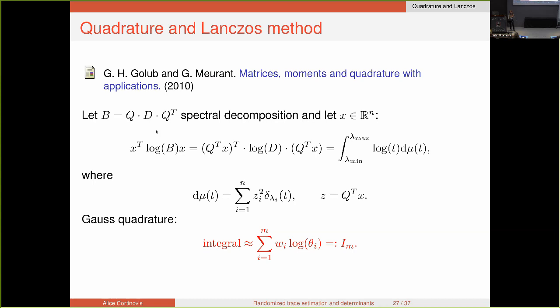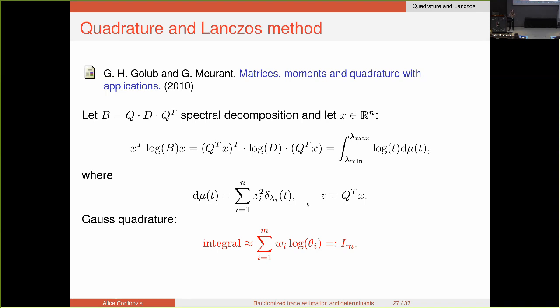Let B be your symmetric positive definite matrix. You take a spectral decomposition, Q times the diagonal matrix containing the eigenvalues times Q transpose, and a vector x in R^n. Then you can write x transpose times the logarithm of B times x as an integral of the logarithm on the spectral interval of B with respect to a suitable measure. This measure is defined here.